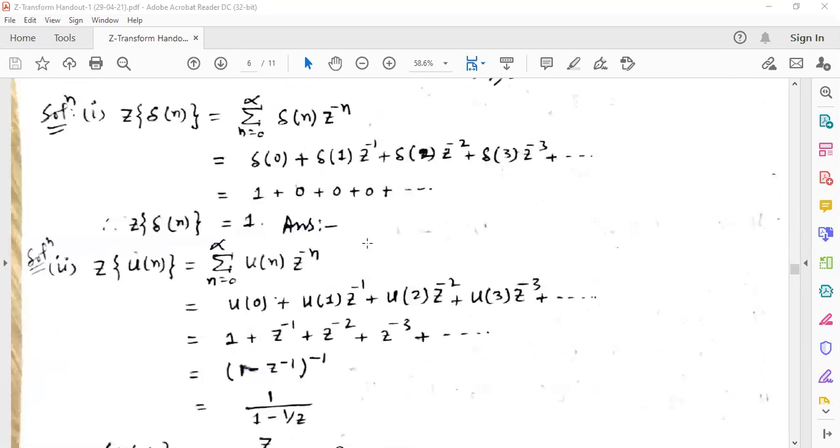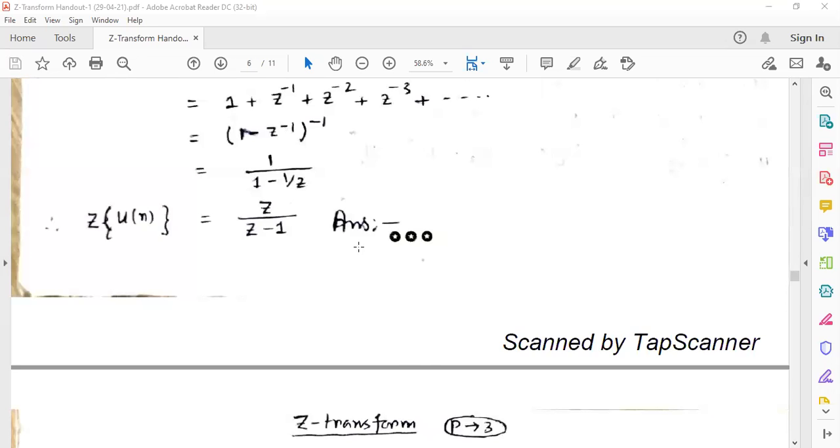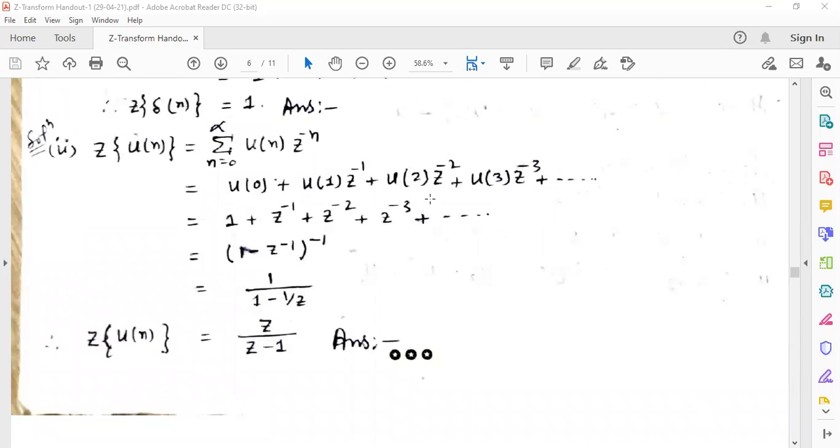So in all those cases the values of u0, u1, u2, u3 are 1. So it is 1, then 1 into z to the power minus 1 means z to the power minus 1. u2 also 1, 1 into z to the power minus 2 equals z to the power minus 2. u3 also 1, then 1 into z to the power minus 3 means z to the power minus 3, plus dot dot dot.